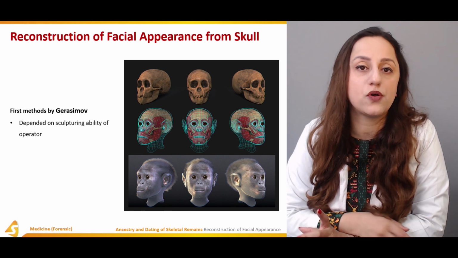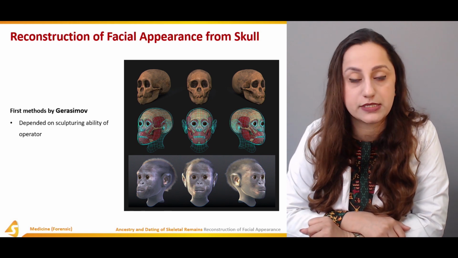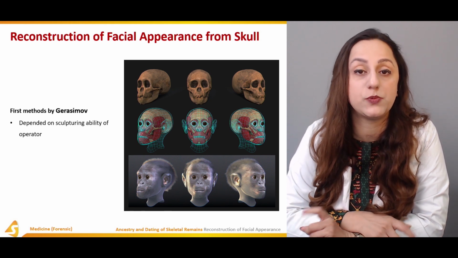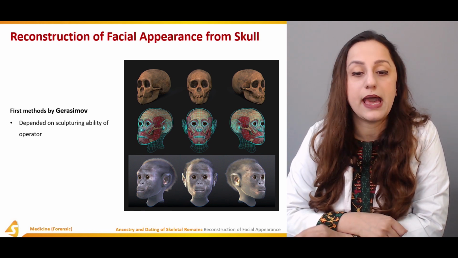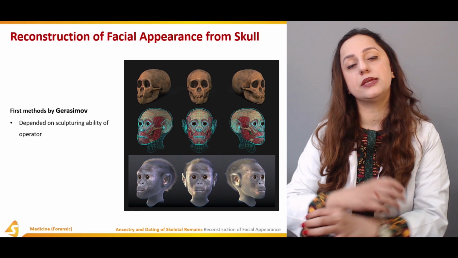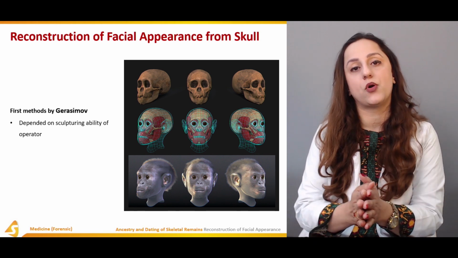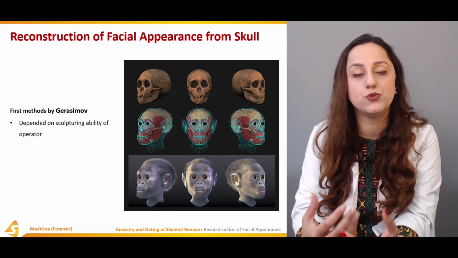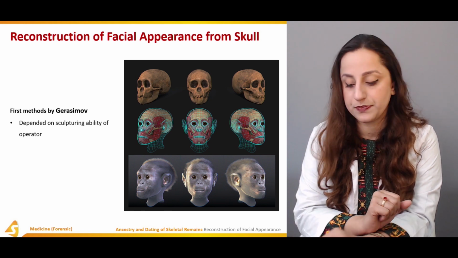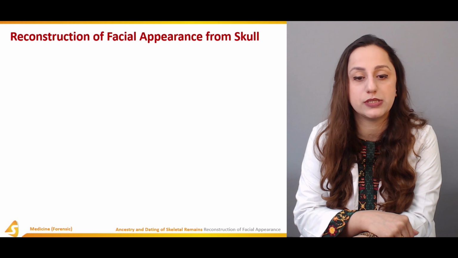In older times, of course, we didn't have software developed enough to reconstruct the facial appearances through computers, and so it wholly and solely depended upon the sculpturing ability of the operator, whoever was reconstructing the facial characteristics of the individual.